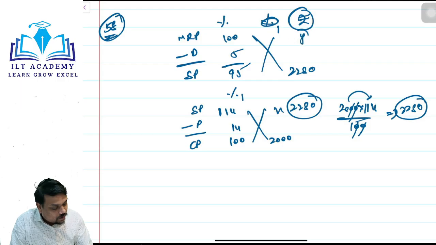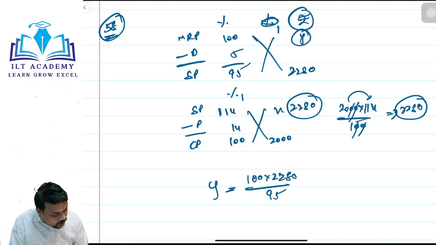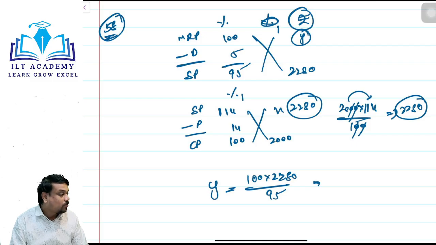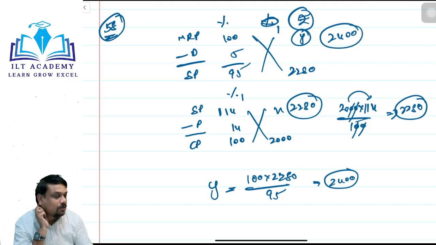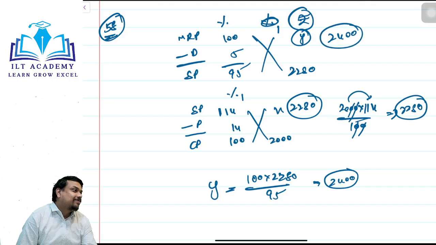So here I want Y. It will be 100 into 2280 divided by 95 is equal to Y. करो मा, ये 100 into 2280 divided by 95, 2400 आएगा. Guys, understood?